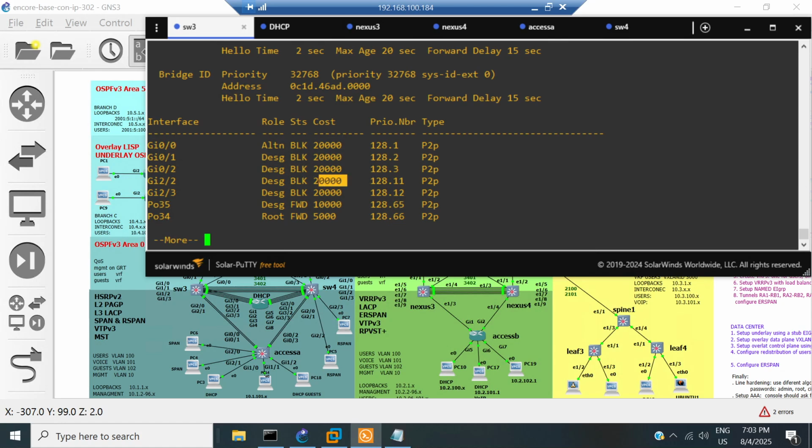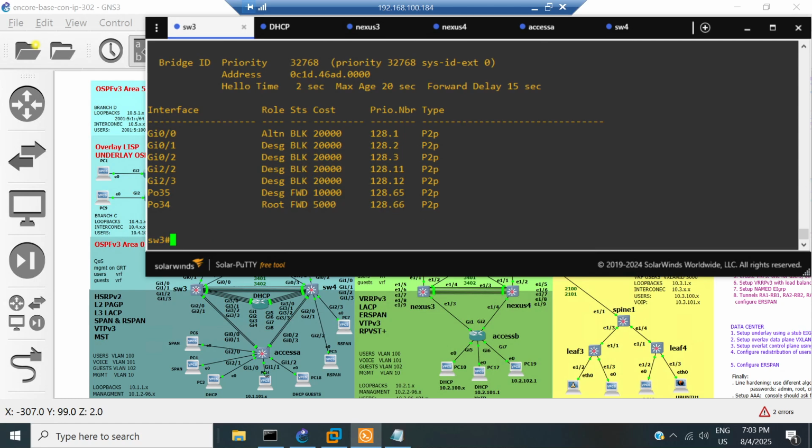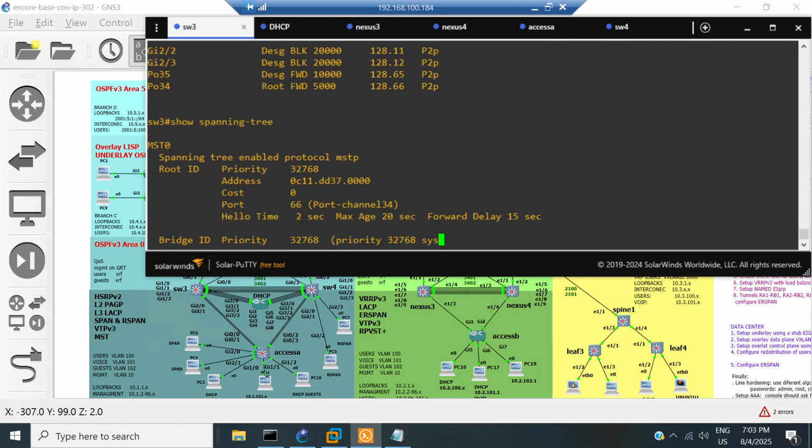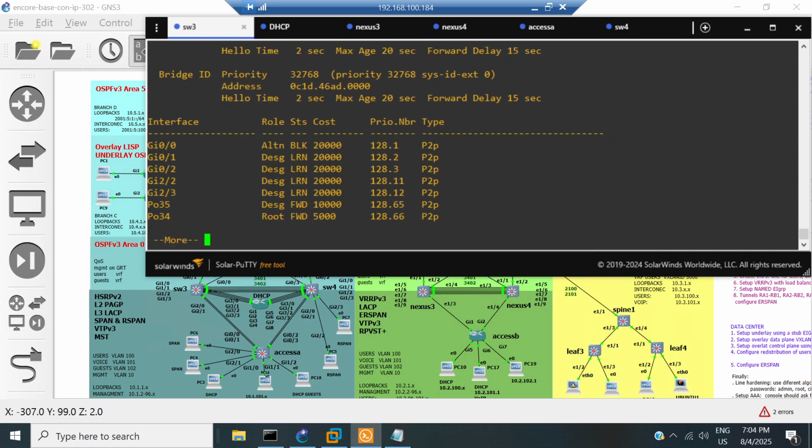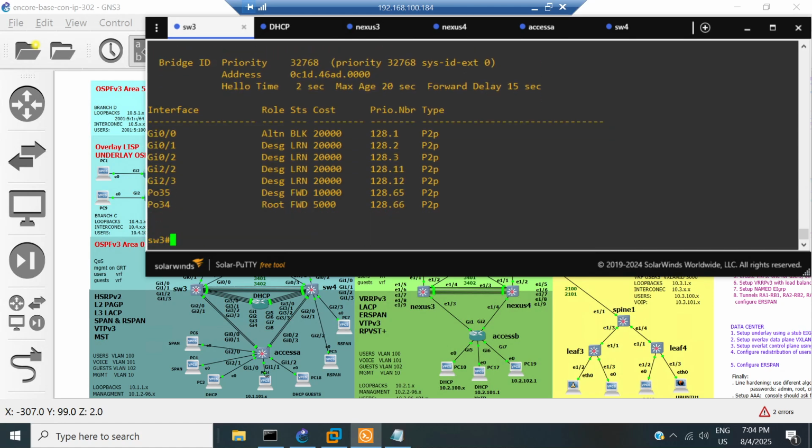Notice that we are using long mode costs by default because MST uses long mode by default. This port channel receives a better cost, and this other port channel receives even a better cost because this port channel 34 should be 4 gigabit per second.